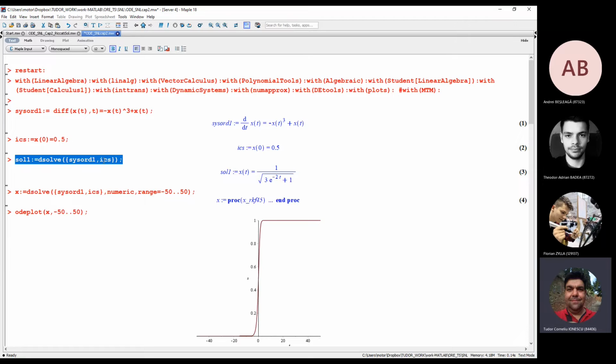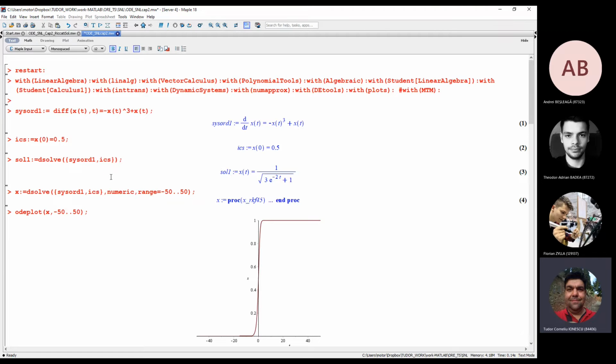And this is the command, the line to solve explicitly or numerically a differential equation. dsolve is the command, is the tool. And you write in between brackets the differential equation that must be solved, together with the initial conditions where it has to start.